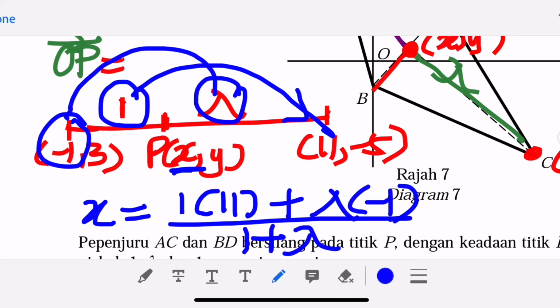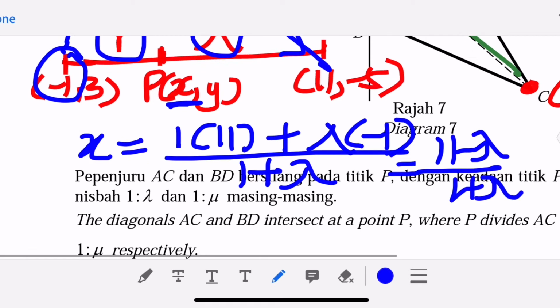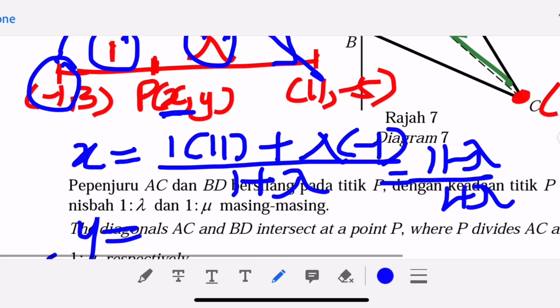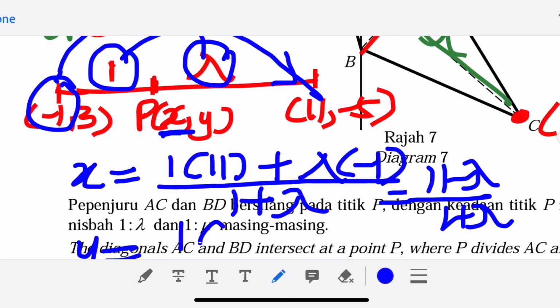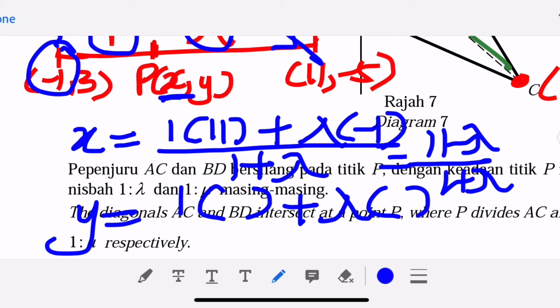Simplified, it is 11 minus lambda over 1 plus lambda. For the y, we can do the same. It is still 1, but we multiply by the number beside 11 for the y coordinate. We will write like this first, 1 plus lambda.